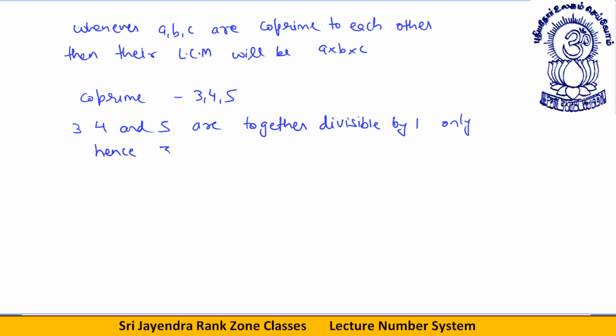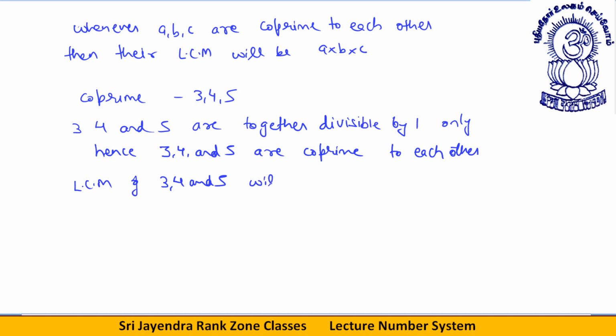Hence, 3, 4, and 5 are co-prime to each other. Their LCM of 3, 4, and 5 will be 3 into 4 into 5, that is 60. Okay, dear students. So far it must be clear. Let's move ahead.